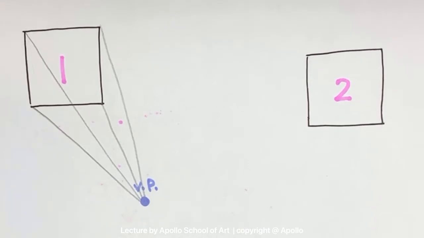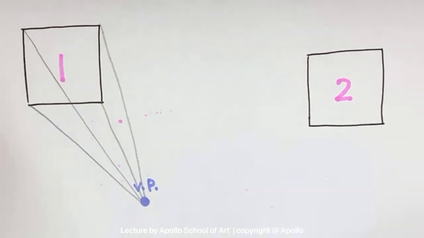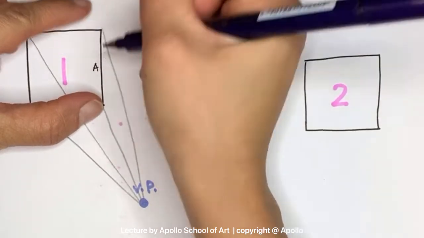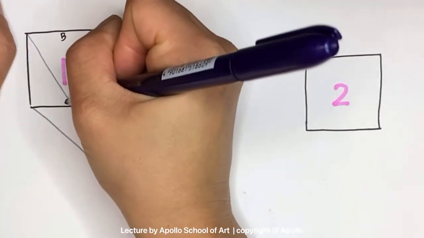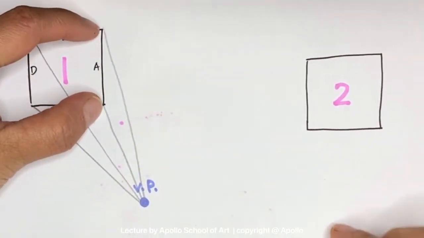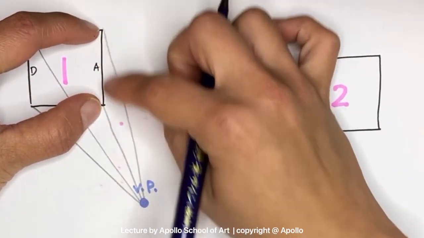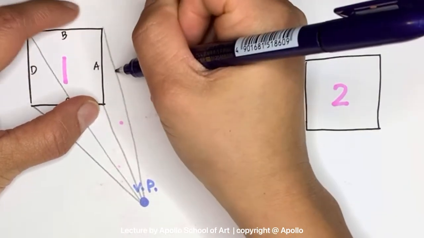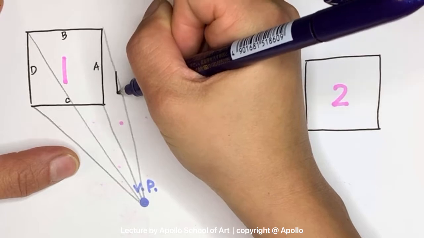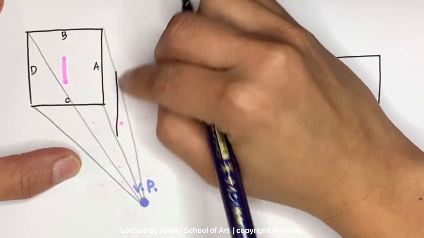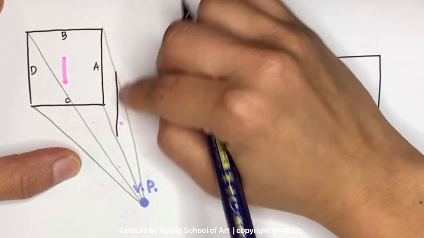So first, we start from these lines. I will name them A, B, C, D. I want to find the depth on the A side. So I have to draw a parallel line in between these two corners. They are the same angle, they are parallel.